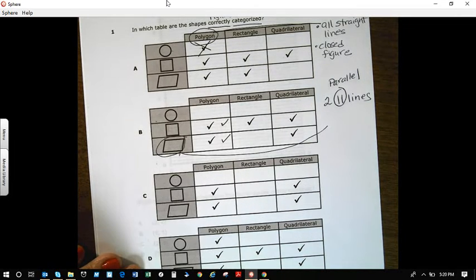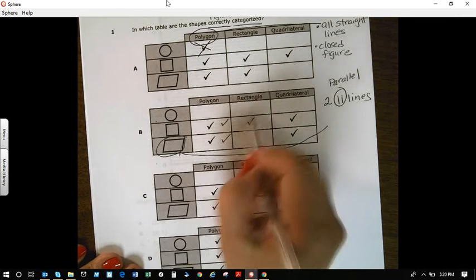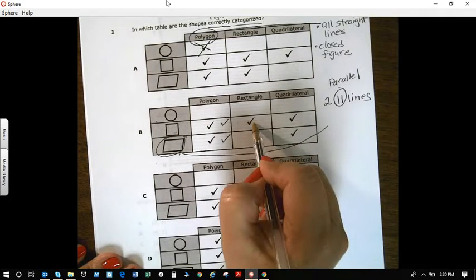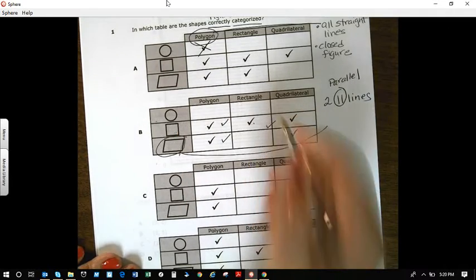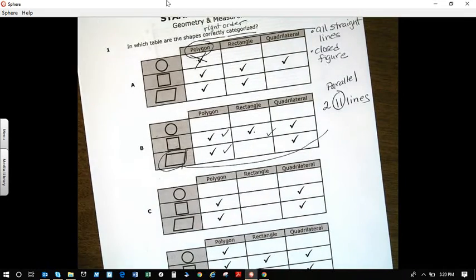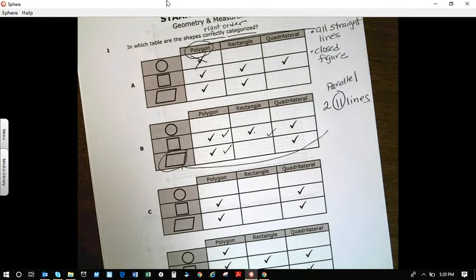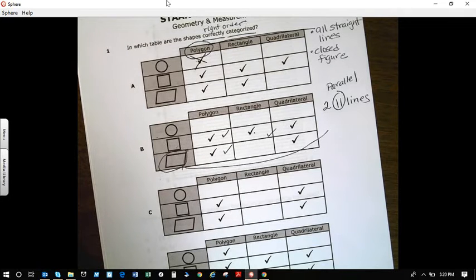Okay? All right, so these are correct. Here, a square is a rectangle. That's correct. Don't forget that a square is like a rectangle because it has 4 sides and all angles are 90 degrees. But a rectangle is not a square. Okay? All right, so that's correct.